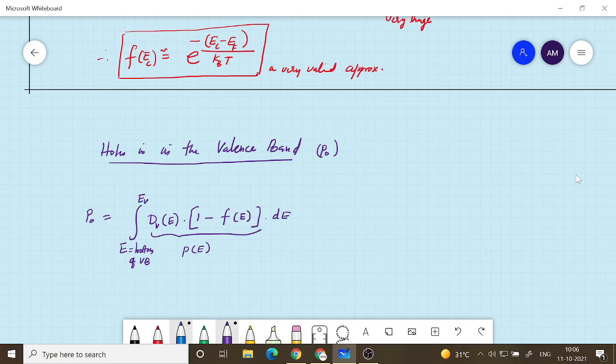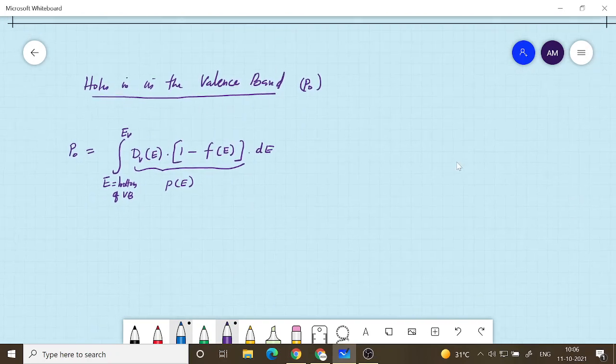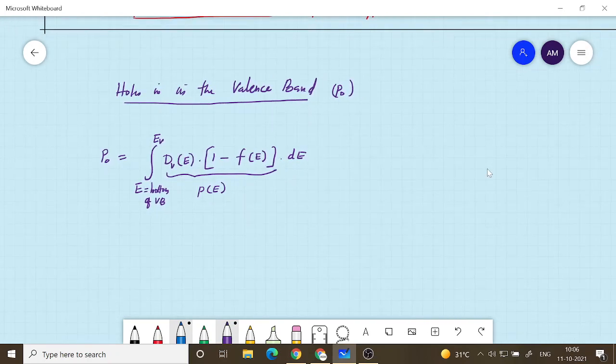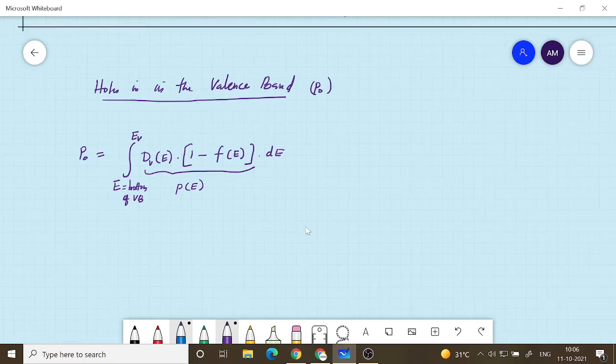Okay. And we don't know exactly where the bottom of the valence band is, but if you look at the 1 minus f of E function, that function also becomes 0 when energy is much lesser than EC. Okay, so let's look at that.